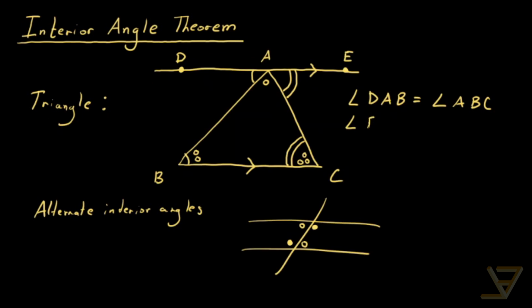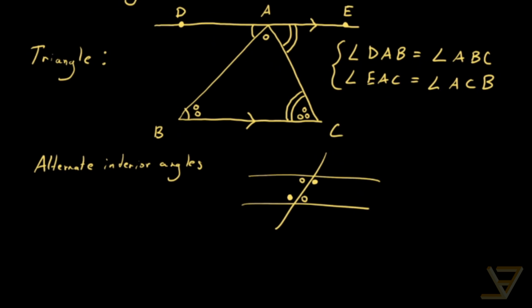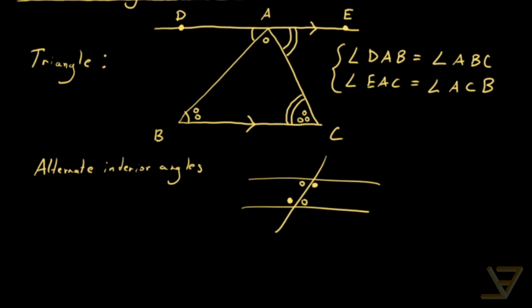So angle EAC is equal to angle ACB. And those are going to be our equations that we're going to use to find the sum of all three angles.